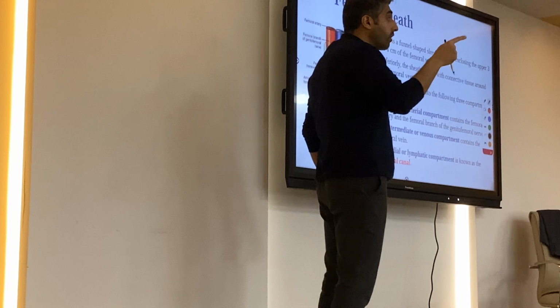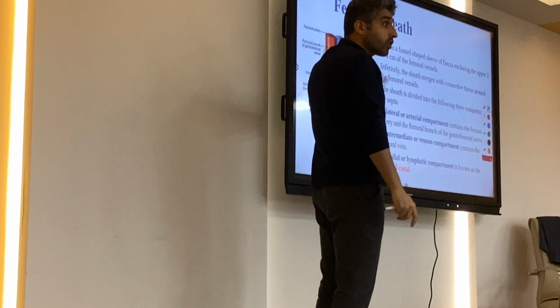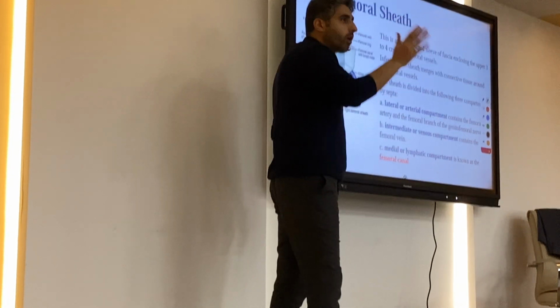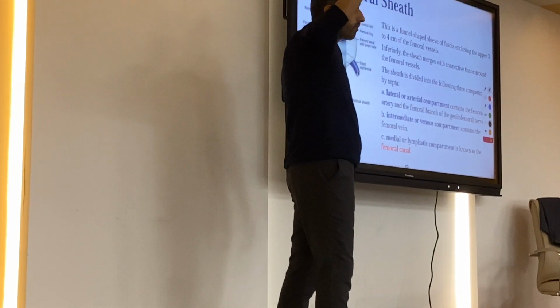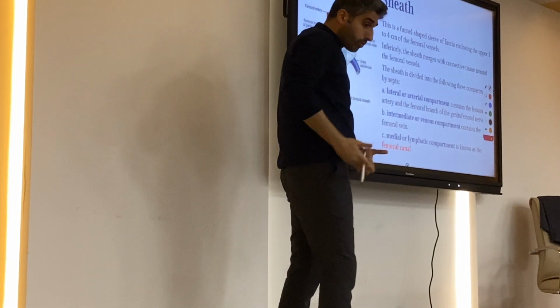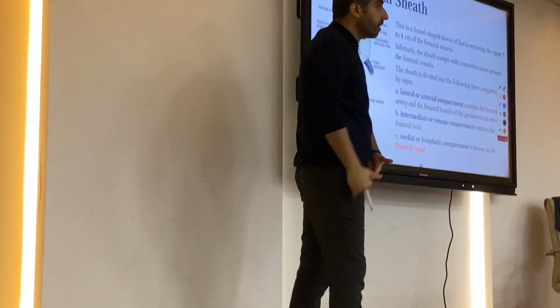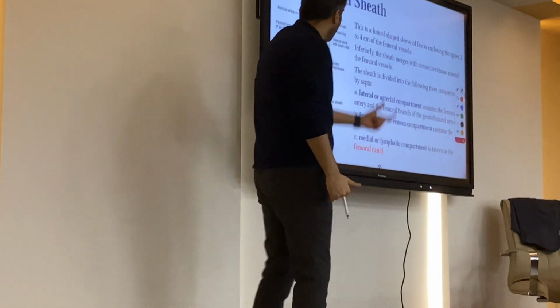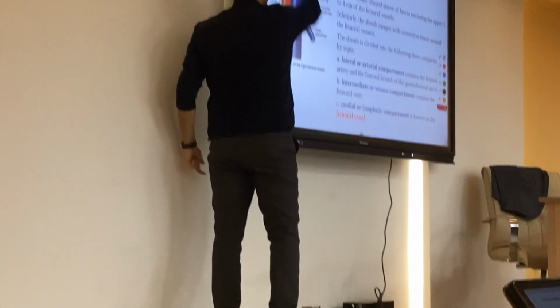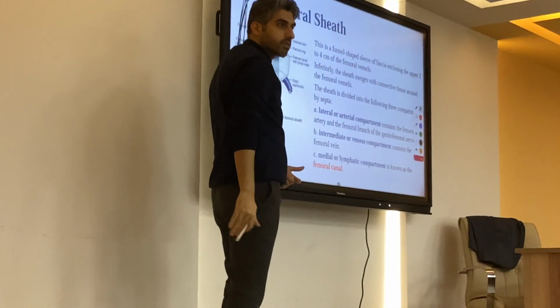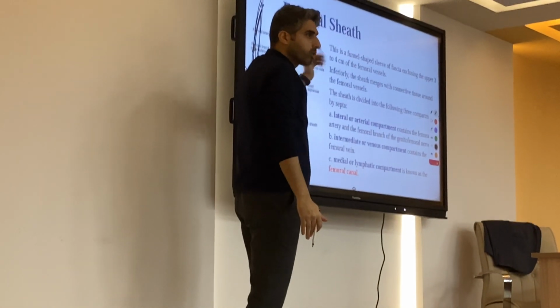We had one question: which structure is located in the middle part of the femoral sheath? Femoral vein. It's different from the femoral triangle. In the femoral triangle, I told you, femoral nerve, artery, vein. In the femoral sheath, we don't have the nerve, because the nerve is outside of the sheath. We have artery, vein, and lymph nodes.